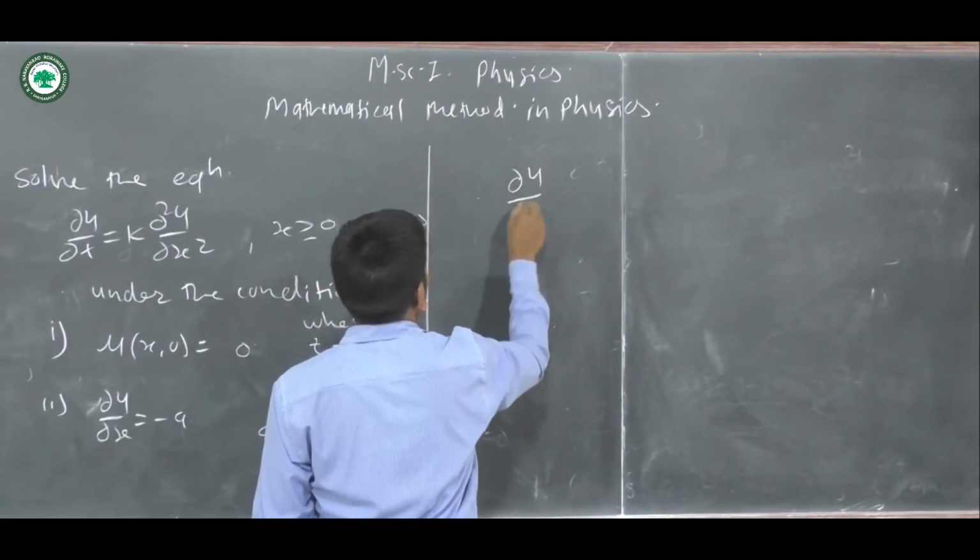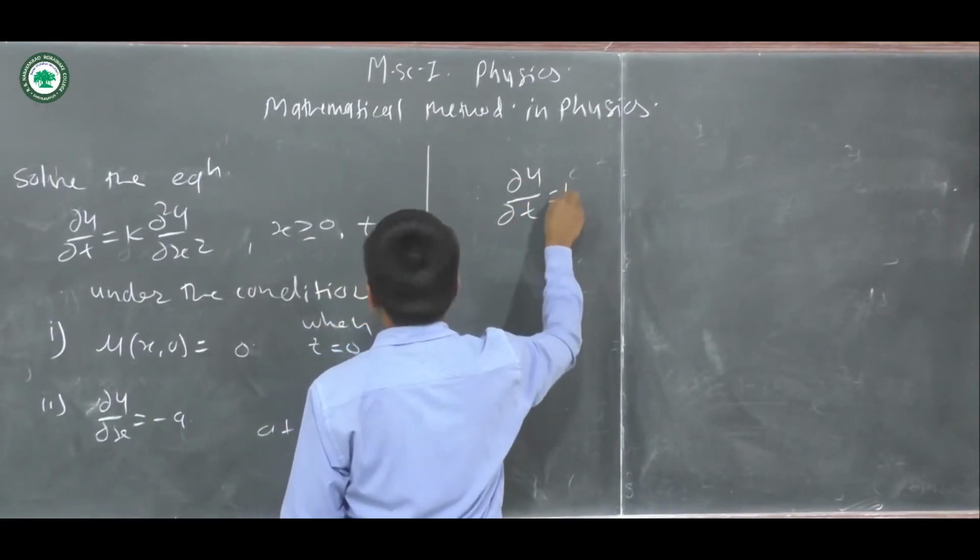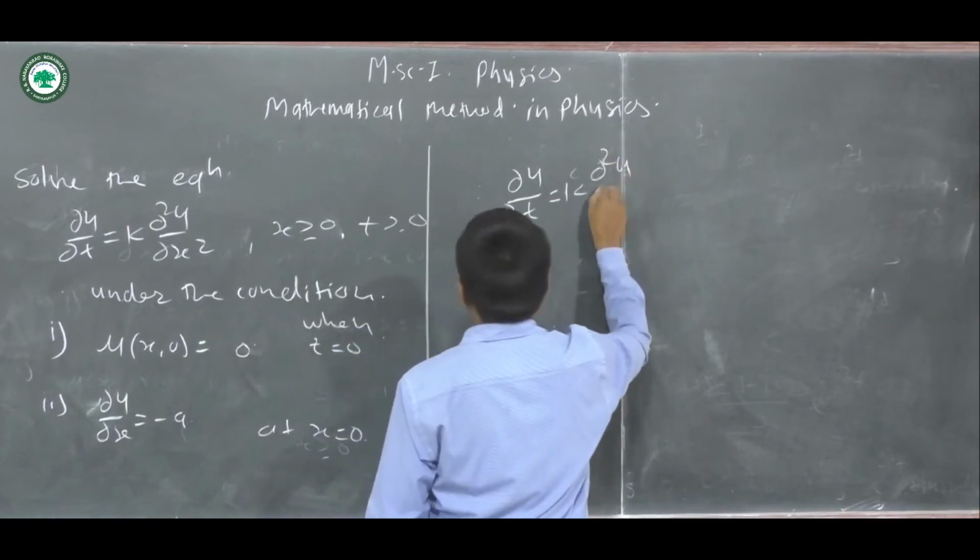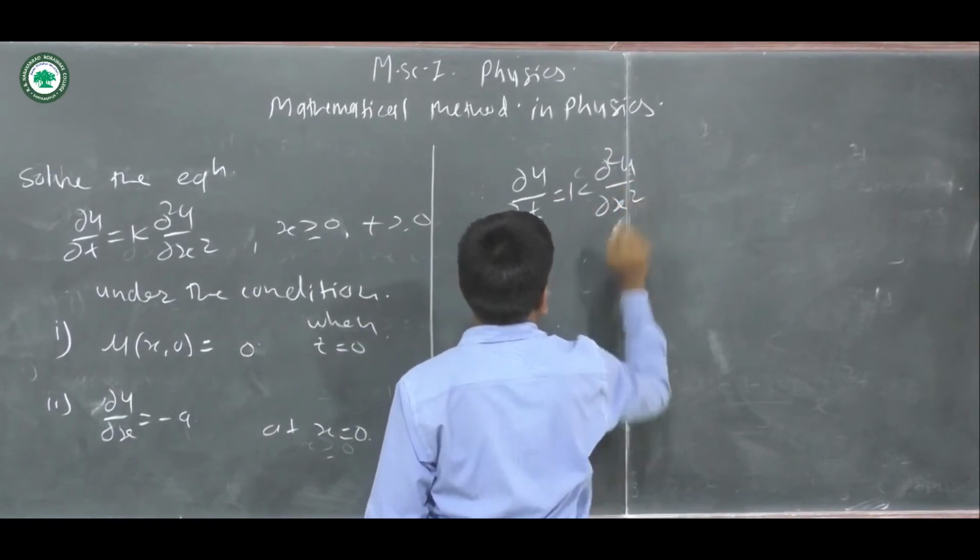Given du by dt is equal to k times dou square u by dou x square.